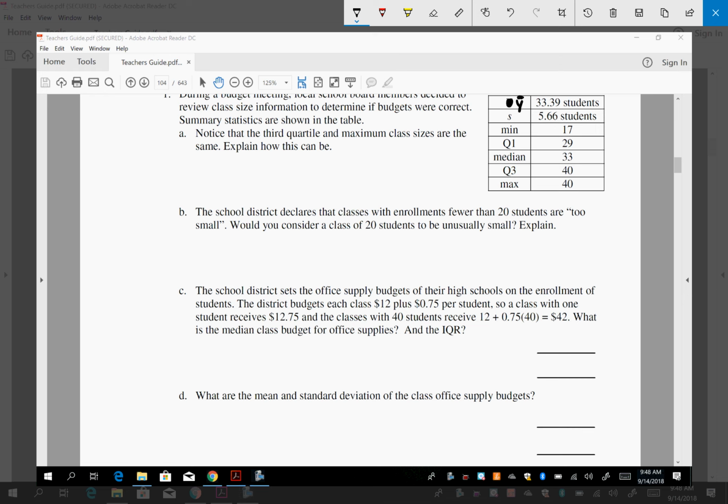What are we going to say is the median class budget for office supplies? Well, we know we definitely have to have $12, right?